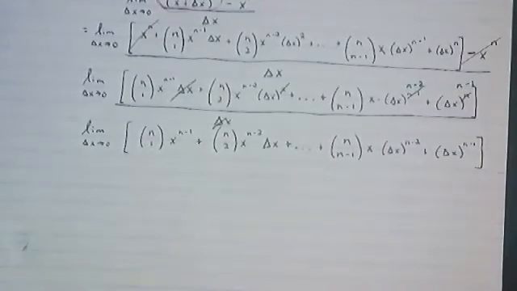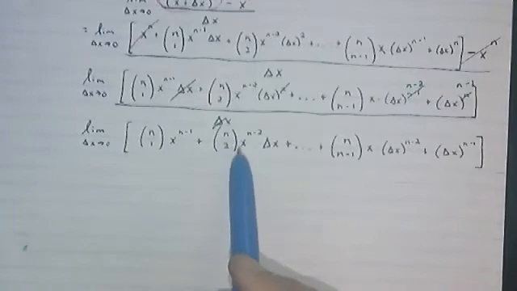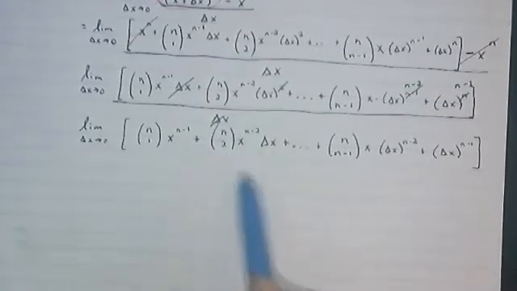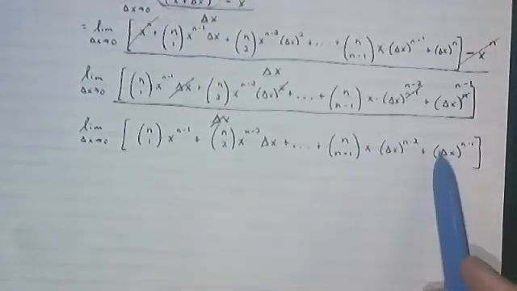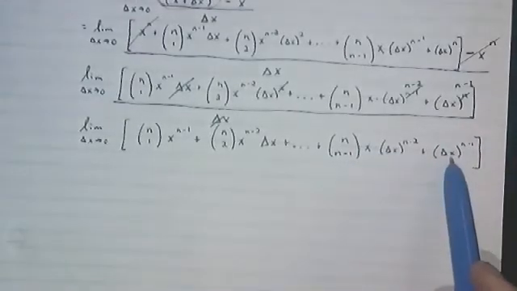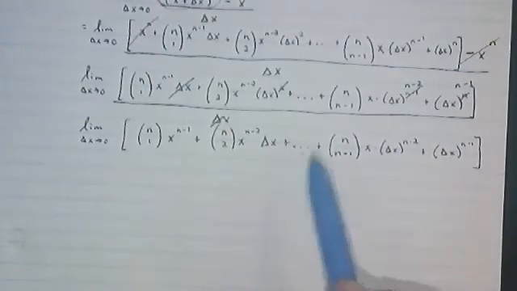Riddle me this. If we let delta x go to 0, what's going to happen to this term? What's going to happen to all the terms hiding in the magical ellipses? They all have at least one delta x.